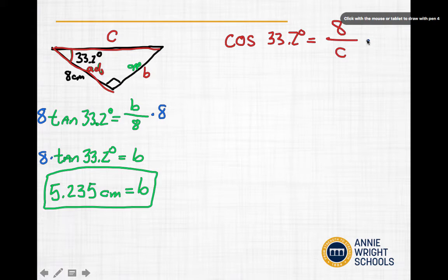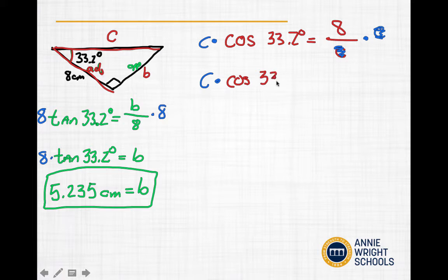Now, I multiply both sides by C. That's because this variable in the denominator, I want to get out of the denominator. I now have a variable times a number. That number is cosine 33.2 degrees. I need a calculator to figure that out, and that's equal to 8.